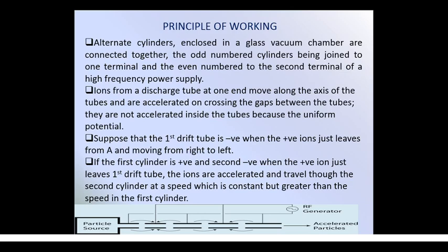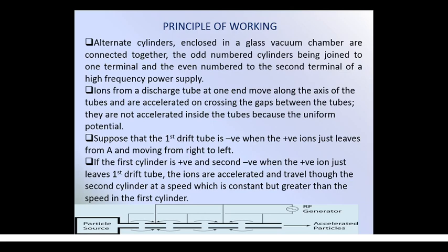Whenever it reaches the end of the drift tube, the polarity of the drift tube is reversed. That means the second drift tube becomes negative, so that the positive ion gets accelerated towards the second drift tube. So the acceleration is done in between the gaps of the drift tubes.